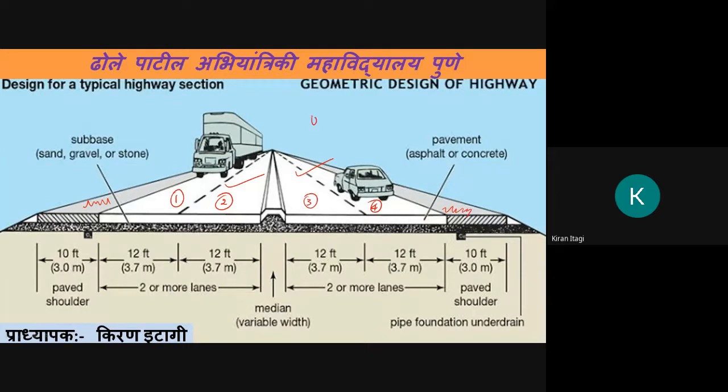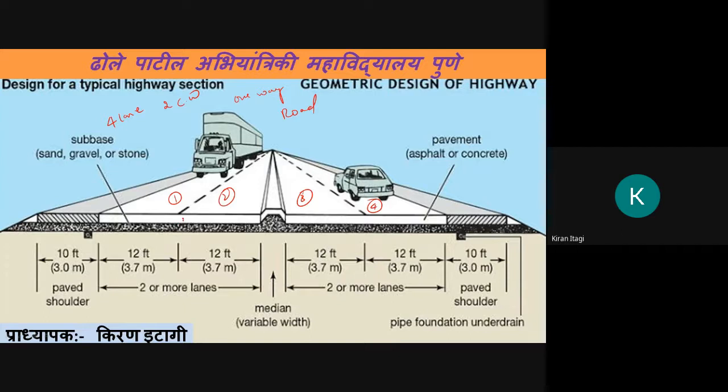And obviously you know about one way and two way. Here with respect to this figure, it will be a four lane, dual carriage or double carriage, one way road. How? Here how many lanes are there? 1, 2, 3, 4 lanes are there.